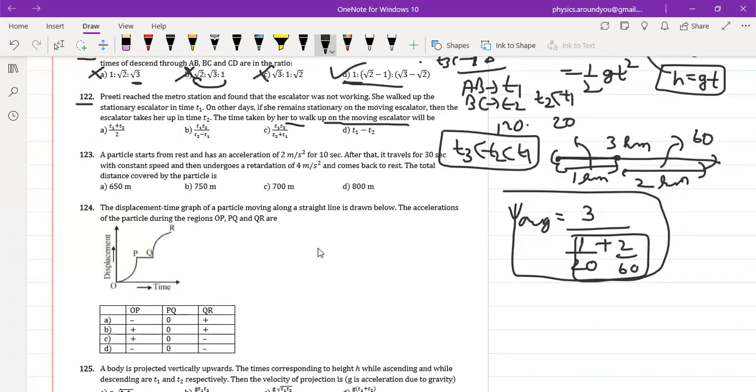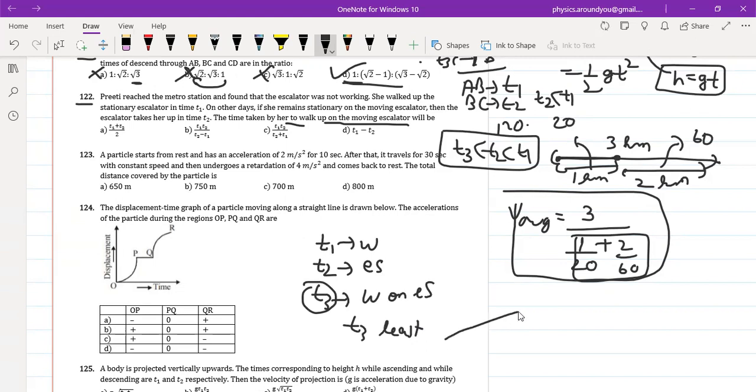You should know that if T1 is the time taken when she is walking, and T2 is the time taken only by the escalator, T3 is the time taken by her walking on the escalator, T3 will be the least, because the escalator is also moving, she is also walking on the escalator, so she will reach the top very quickly compared to T1 and T2. So T3 should be the least among T1 and T2.